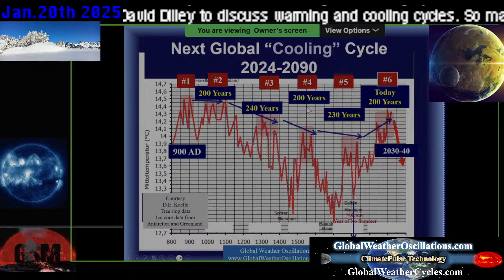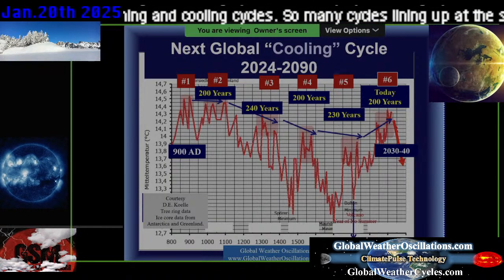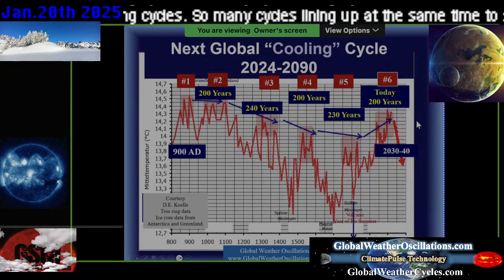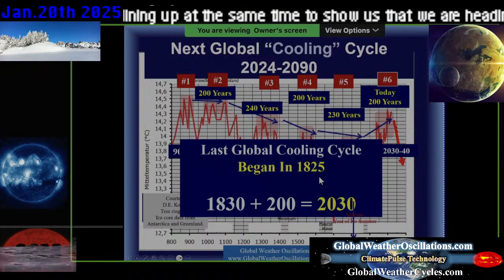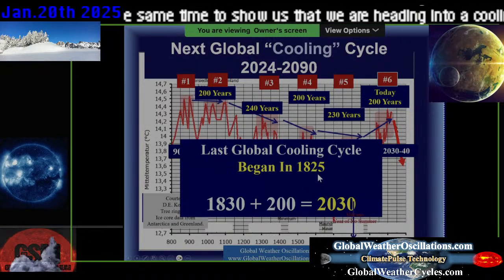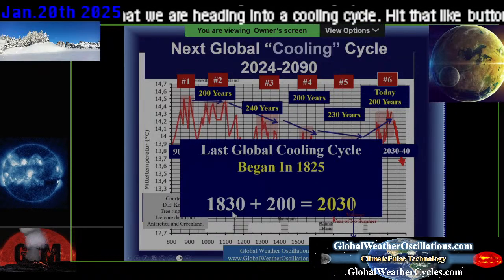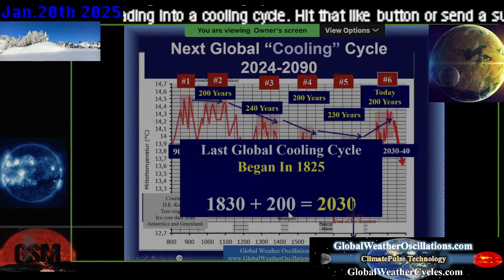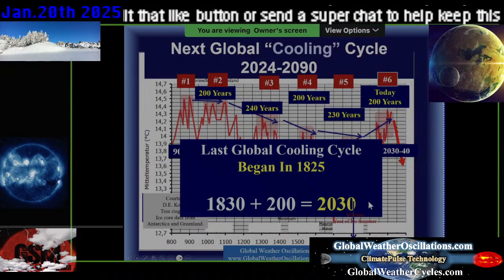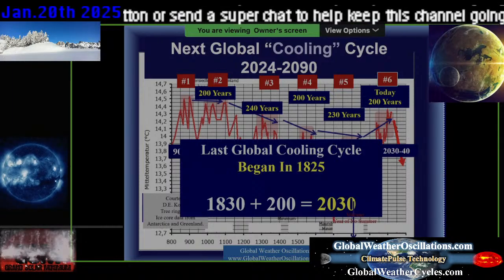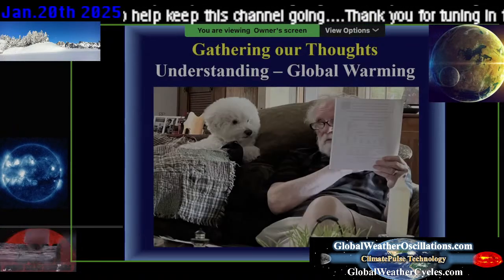So it's going to alternate up to 200 years for the ending of the global warming cycle number 6. Well, the last global cooling cycle began in 1830, I'm sorry, I should have that as 1830. 1830 plus 200 equals the year 2030. So everything is coming together. Everything. Yeah. And global warming will be dead in 2030.